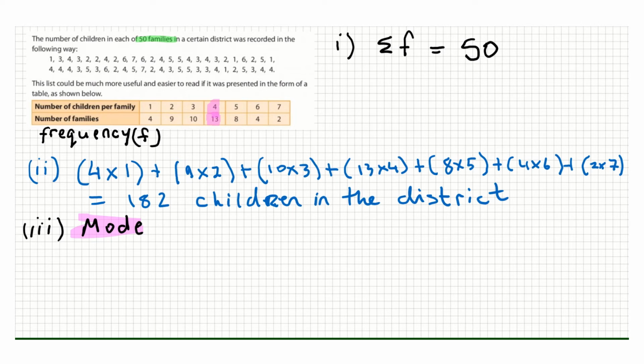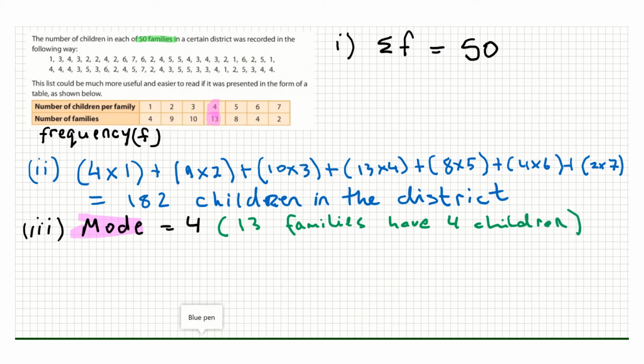So the mode is 4. That's because 13 families have 4 children, so that's the highest frequency. A common mistake there would be to write 13 for your answer.